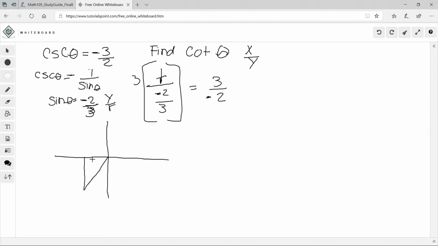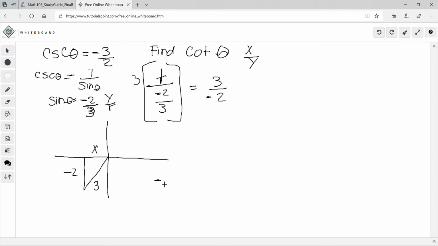So our y value is -2, and then our radius is 3. We're going to find our x value, so we got to do the Pythagorean theorem.